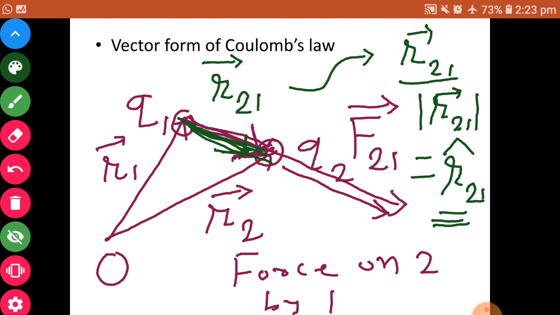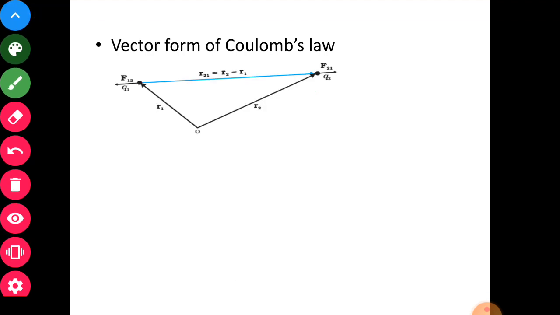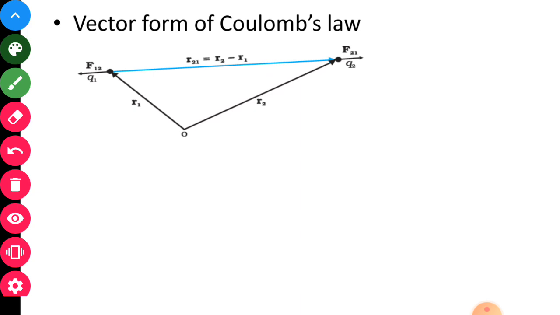This is explained here. These two charges are shown, this is your first charge and this is your second charge, Q1 and Q2. The force on 2 by 1 is in this direction. First of all, try to understand this part only, and automatically the rest will be understood by you.